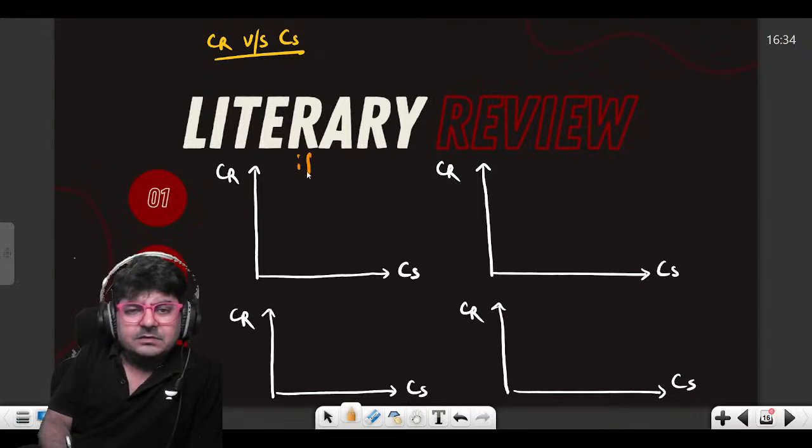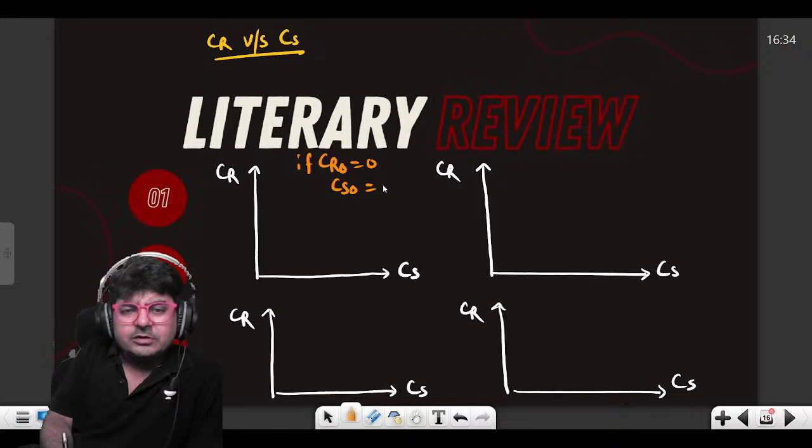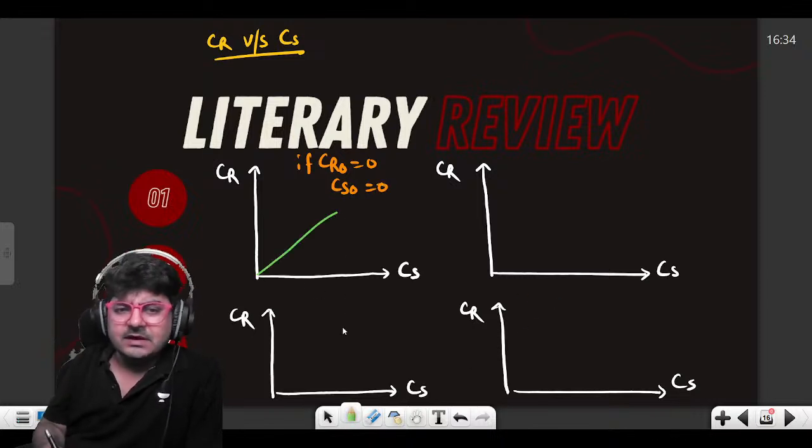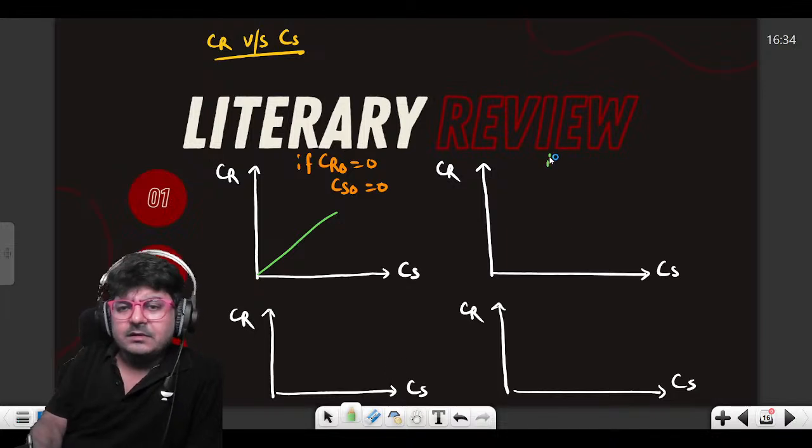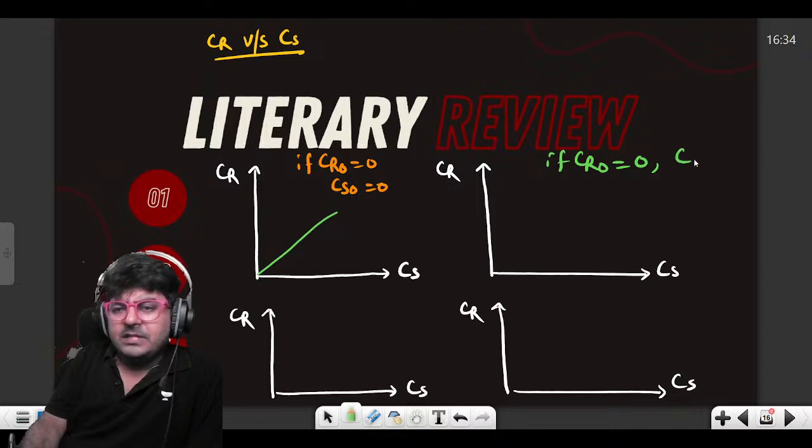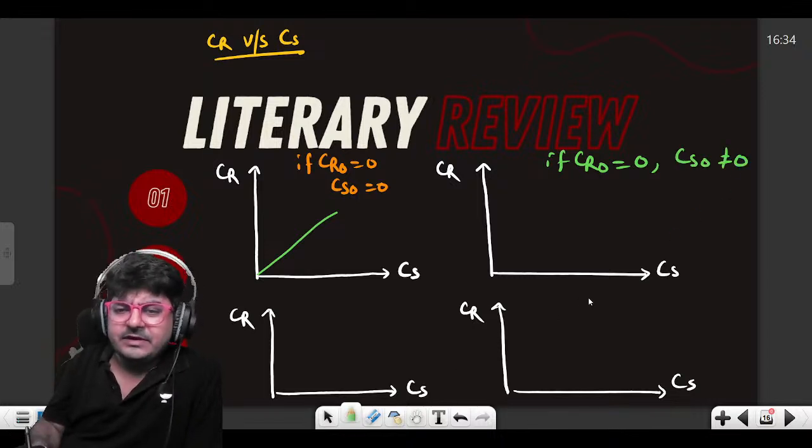See, if CR naught is 0, CS naught is also 0. So you guys know the graph is something like this, a straight line. If CR naught is 0, but CS naught is non-zero, then doesn't matter.